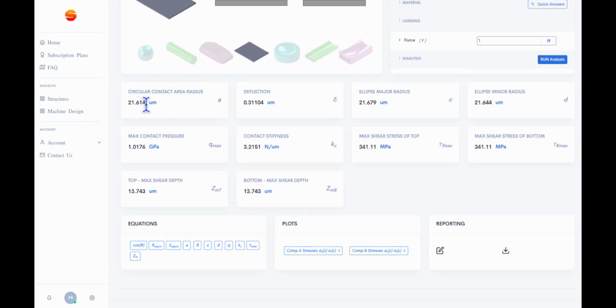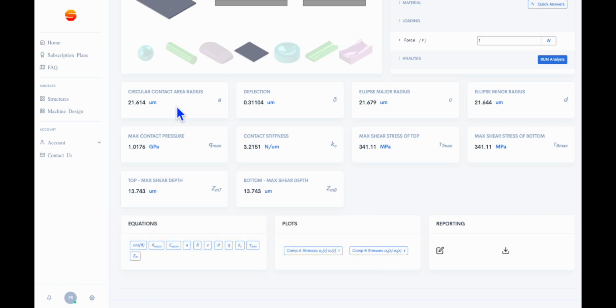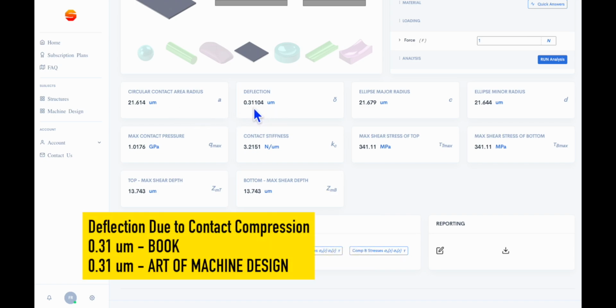This is the circular contact area approximation. That is in one of the equations. And for that, we are calculating at 21.6. The book says 21.7 micrometers. For the deflection, we are calculating 0.31 micrometers.